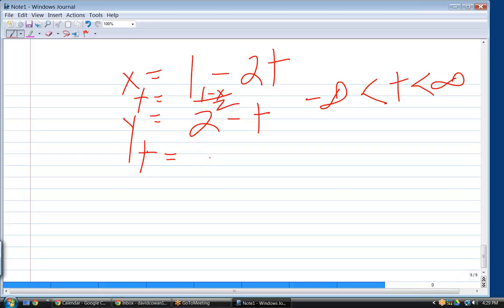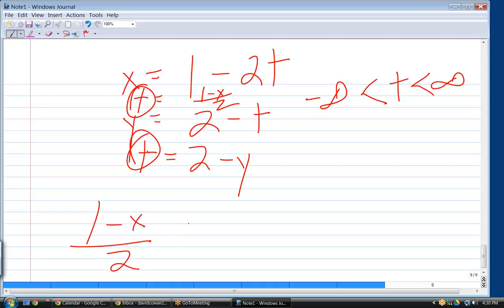Move the minus t to the other side to turn it positive, and move the y to the other side, so it'd be 2 minus y. Now, since we have the same t equaling that and also equaling that, I can just let one equal the other, and I've removed the parameter.